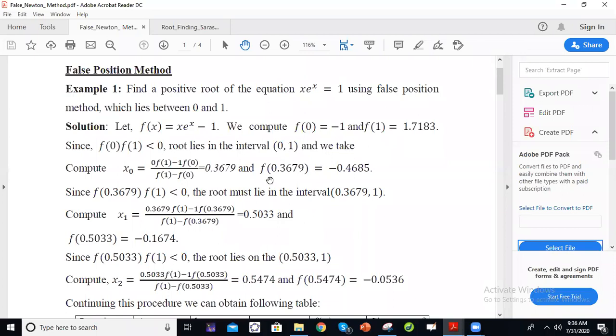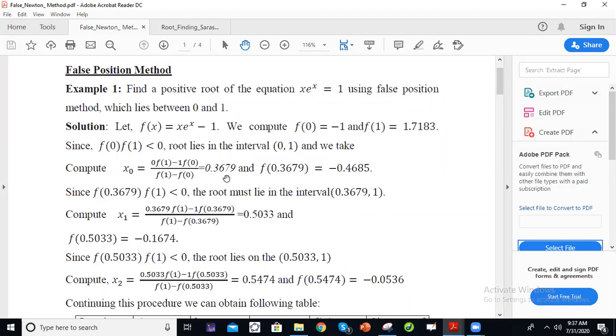Let x naught be the first approximate solution. What is the formula for x naught? a times f of b minus b times f of a over f(b) minus f(a). Here we have a equals to 0 and b equals to 1. After simplification we get easily, you can simplify.